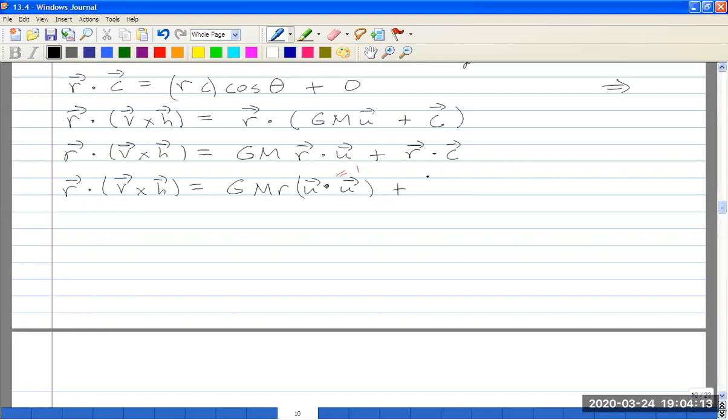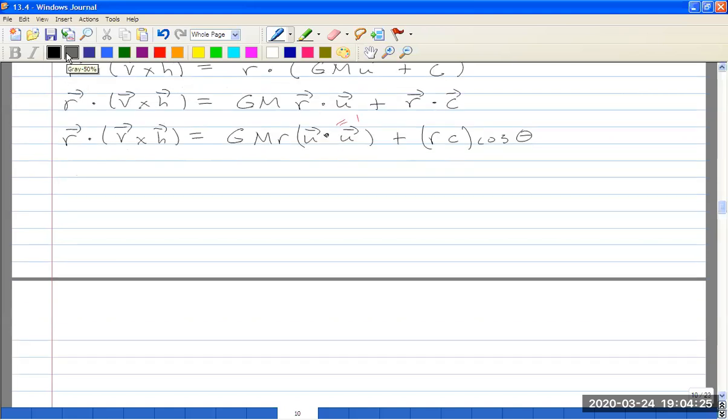Plus R dot C, which is RC cosine theta. And so R dot V cross H equals GMR plus RC cosine theta.